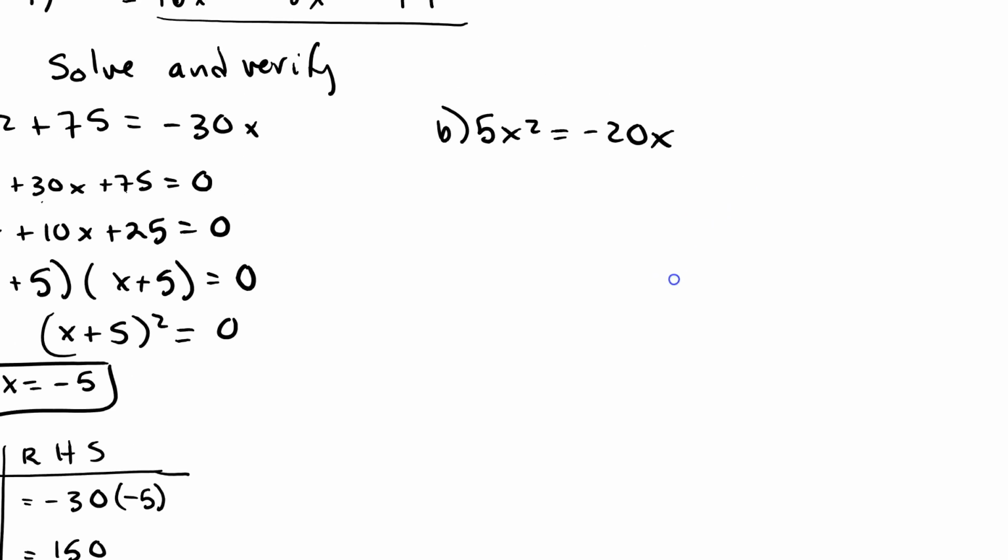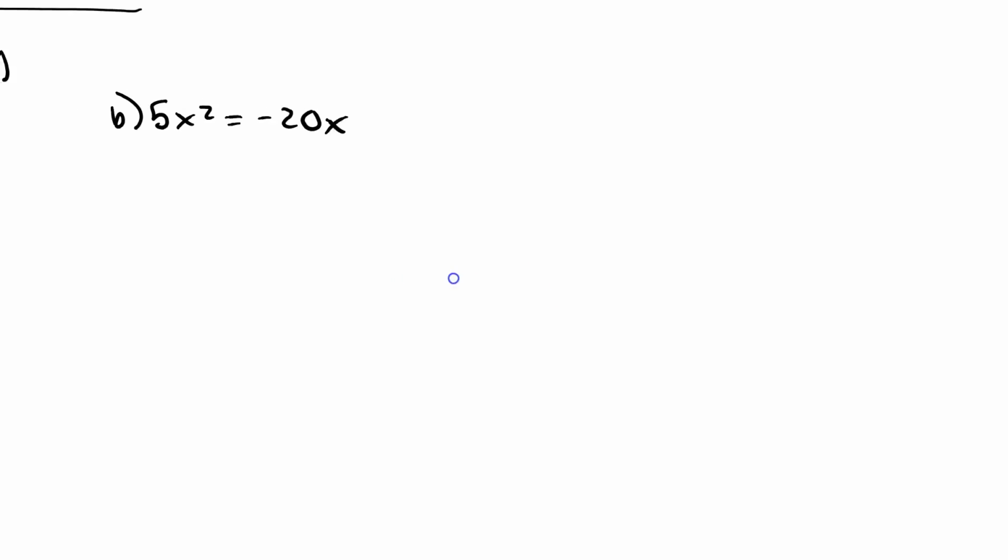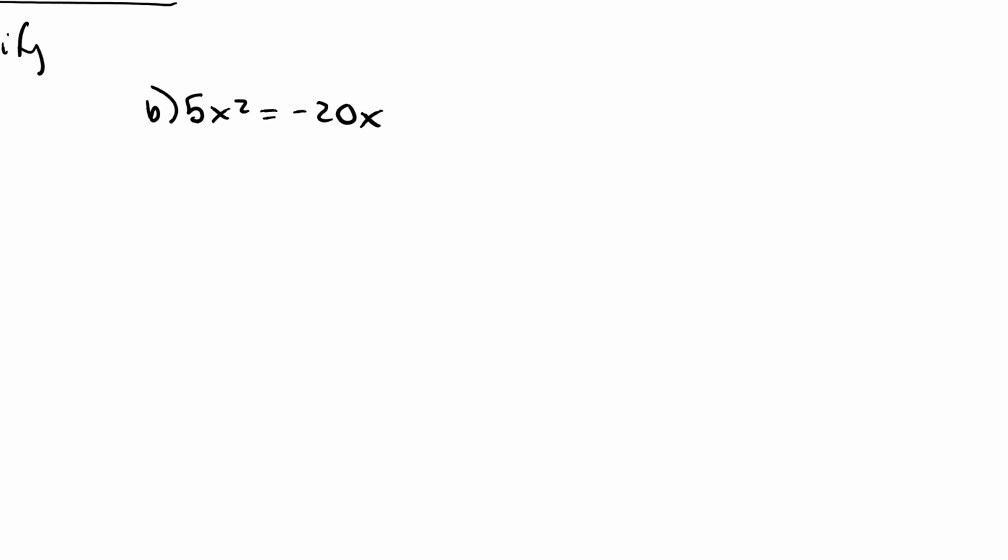Let's do the same thing for B. So I'm going to set one side equal to 0. So 5x squared plus 20x equals 0. I don't want to divide by x on either side, because we're actually going to lose a solution then. So when I get a question that looks like this, what I can do is factor out the common factors.